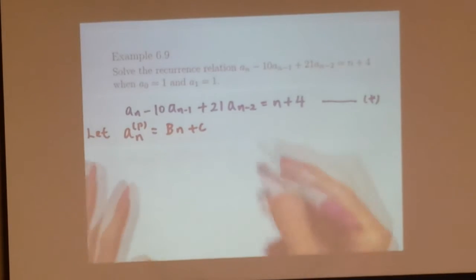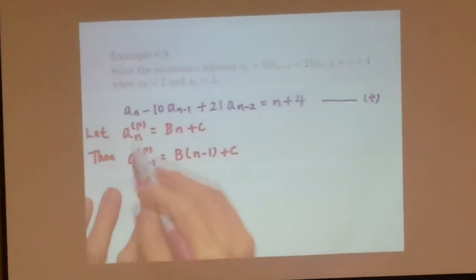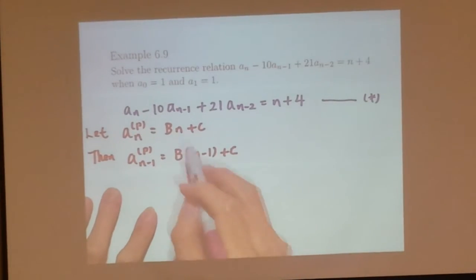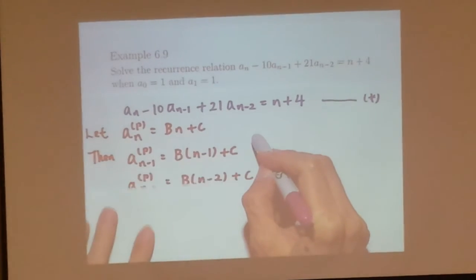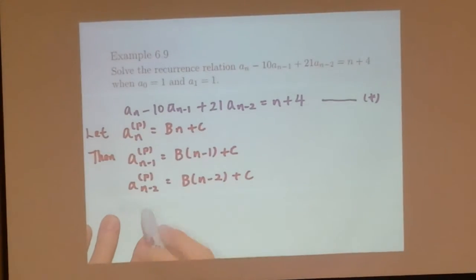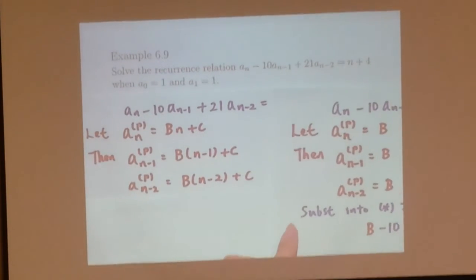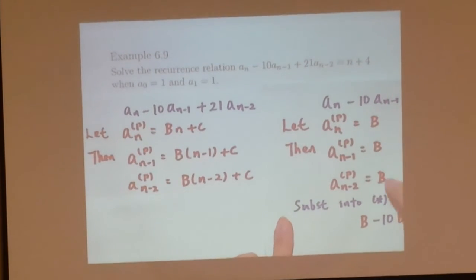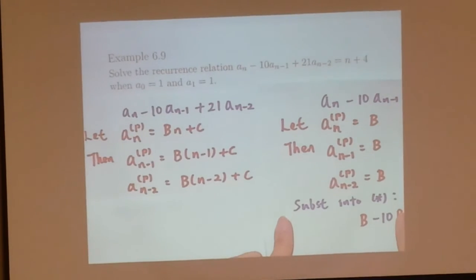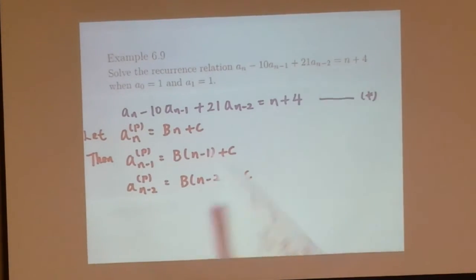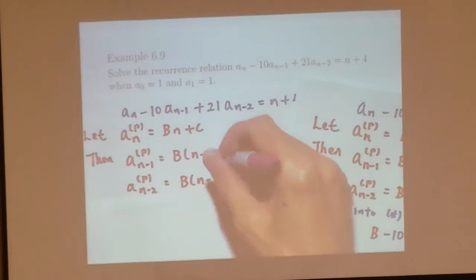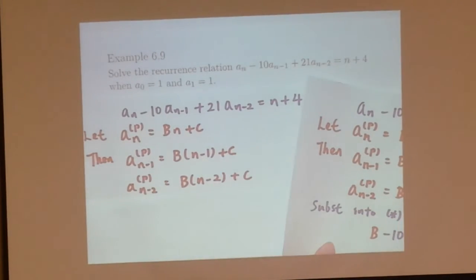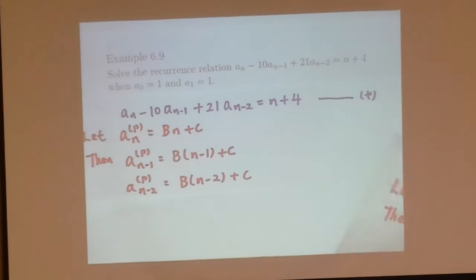And this time you'll find that you must replace n by n minus 1, and replace n by n minus 2 for a_{n-2}. Just now you didn't see the difference because a constant is independent of the subscript, so it was all b. Now for the term involving n, you must replace n by n minus 1 and n by n minus 2.